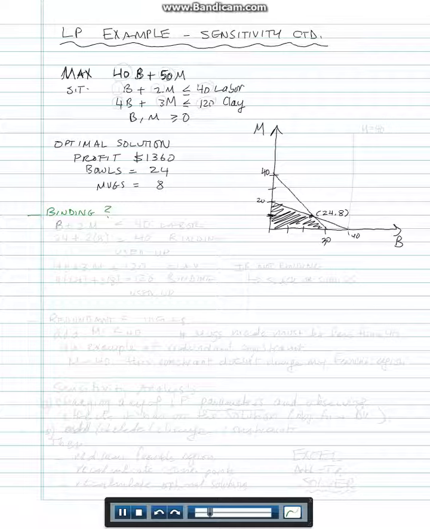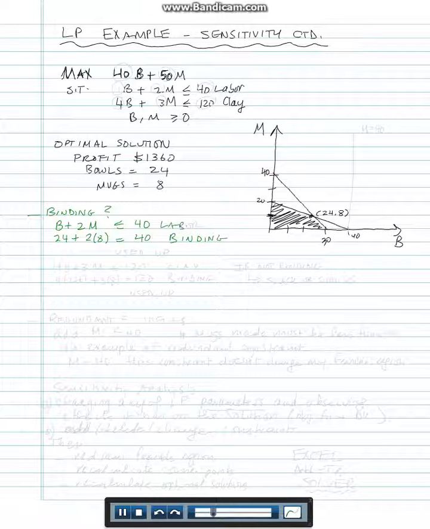So we take B plus 2M less than or equal to 40, and so we take 24 plus 2 times 8, so 24 plus 16, and that is exactly equal to 40. So 40 is equal to 40, so labor is binding.